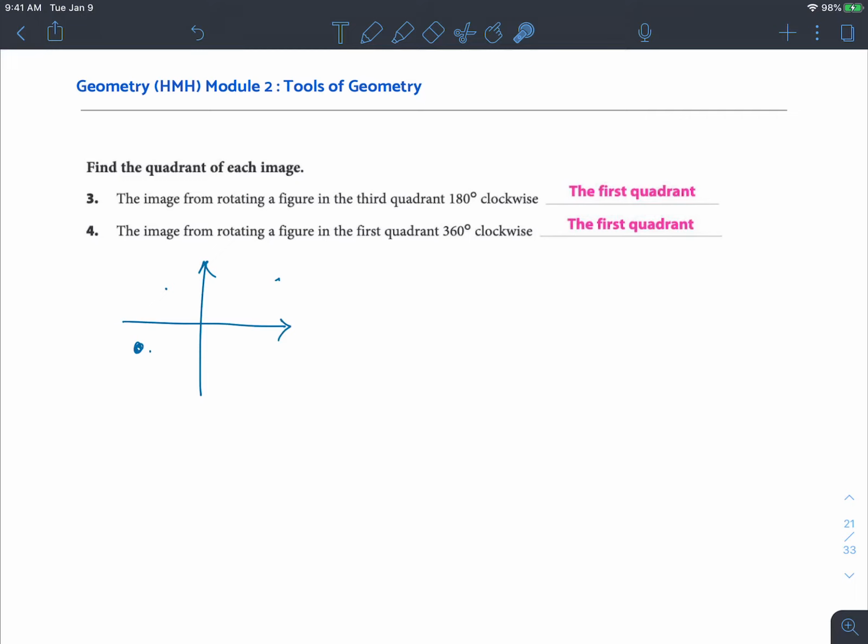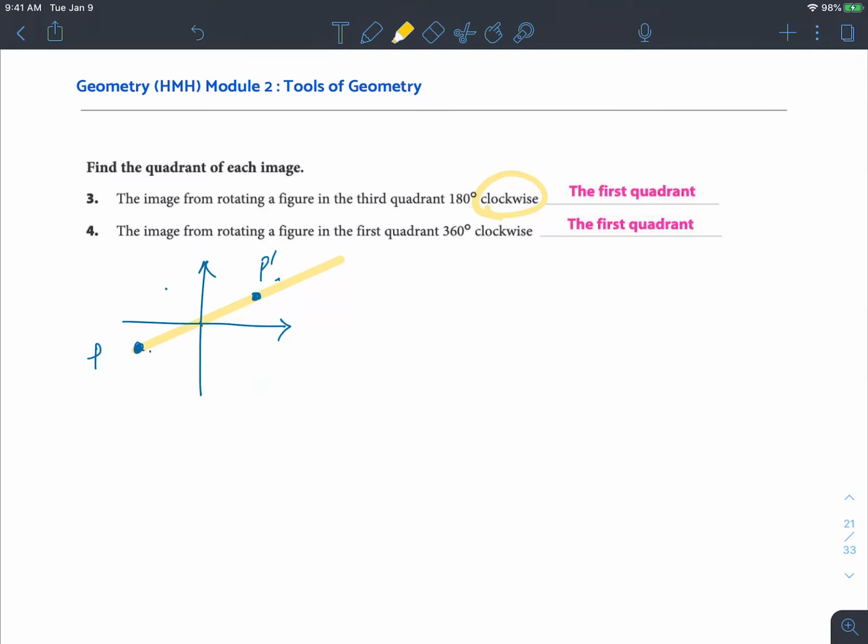Right, exactly. So what you could do instead is just draw a line through the origin, just like that one. And if you go the same distance this way, let's say that's a P and that's a P prime, that is 180 degrees, guys. In this case, clockwise. So as it turns out, for 180 degrees, it really doesn't matter.